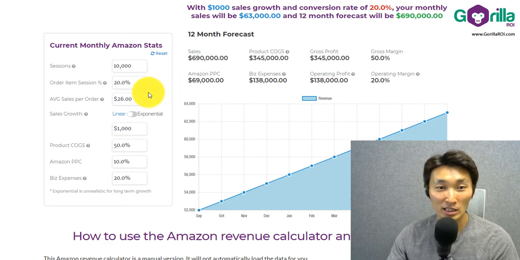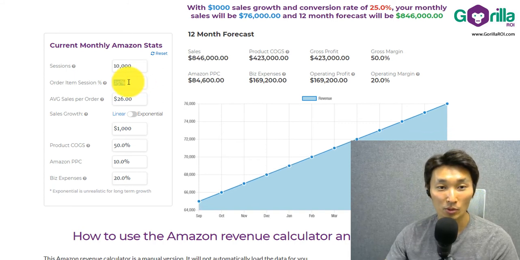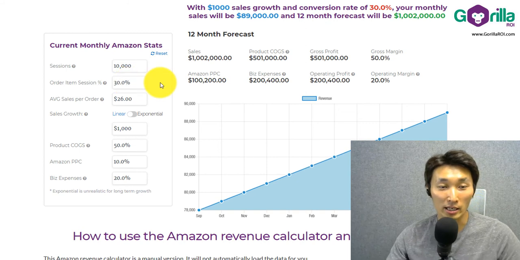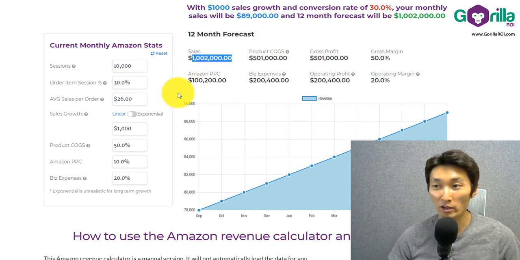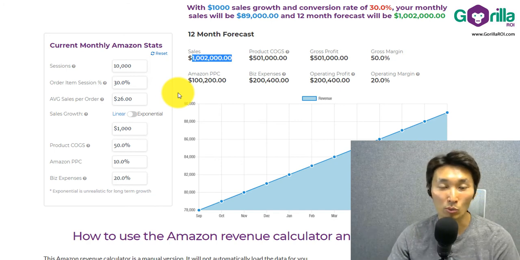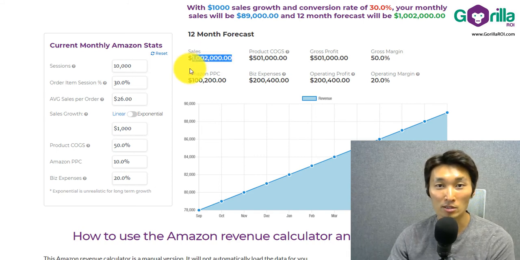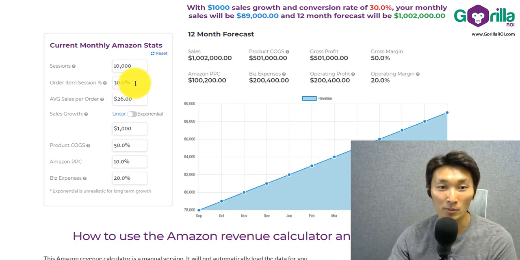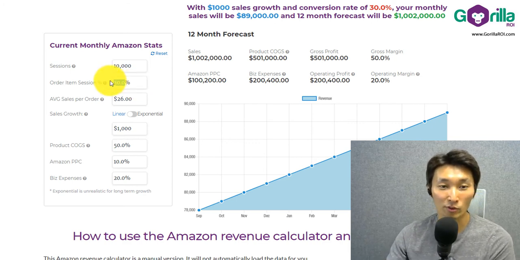So with 690,000 and then 30% conversion rates, and these were just very quick random numbers that I'm playing around with, I've got the sales value over the next 12 months to be $1 million. This came about from going from 20% to 30% conversion rates and from $20 to $26. From these two alone, I know this is easily possible.